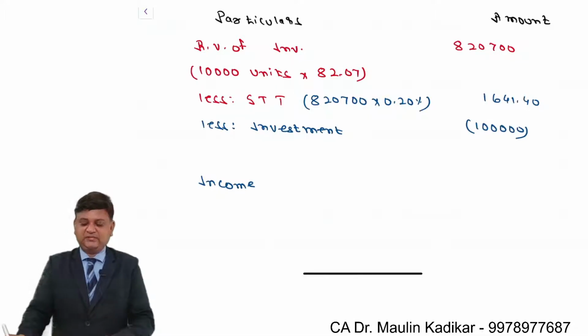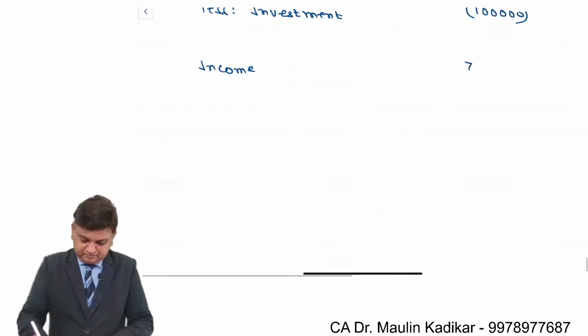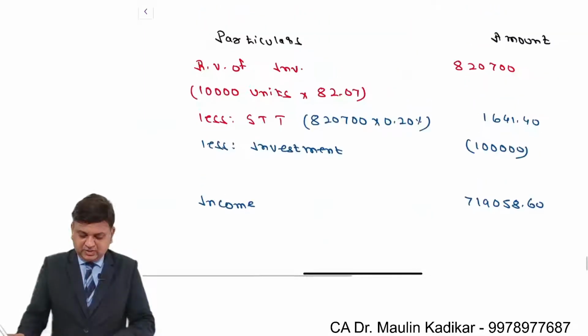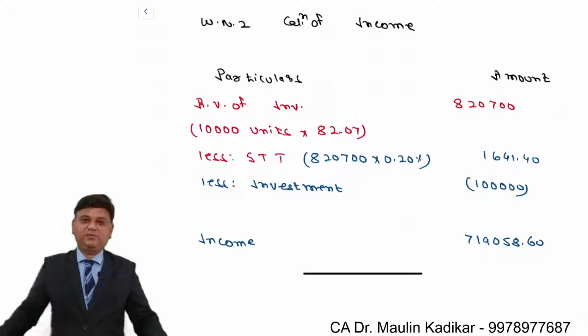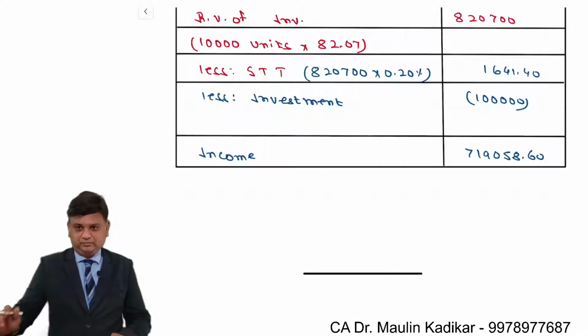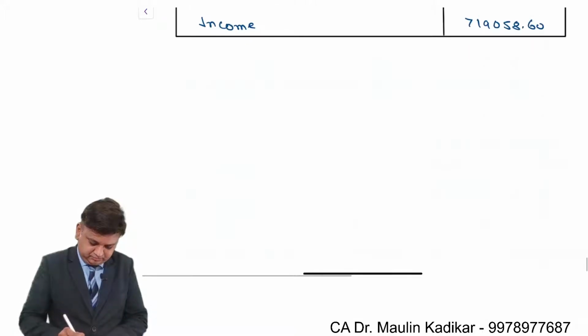That comes to 7,19,058.6. This is the income that we have. Once we get the income, then we will compute the return. Next is the return calculation.